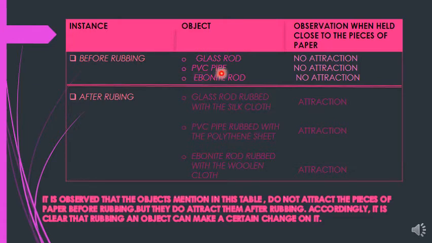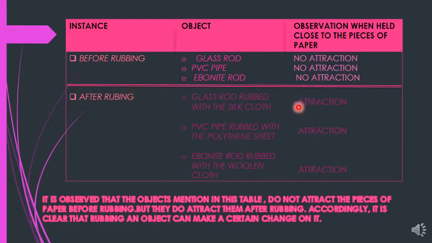Before rubbing the PVC pipe, that also has no attraction. Before rubbing an ebonite rod, also no attraction. After rubbing the glass rod with the silk cloth, when we bring it close to a piece of paper, does it attract or not? Yeah, it will attract.